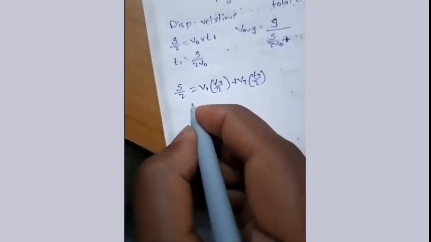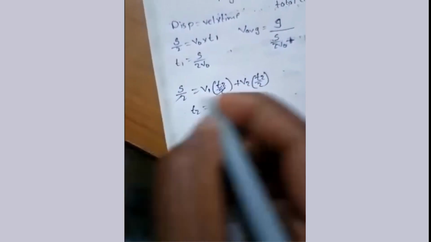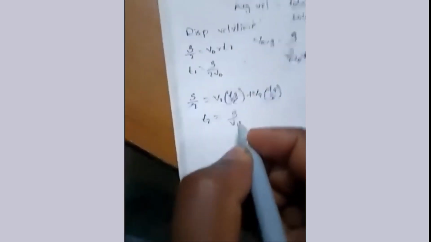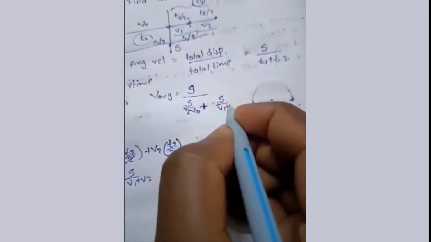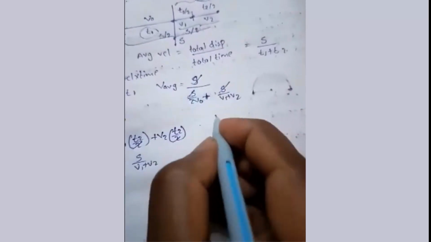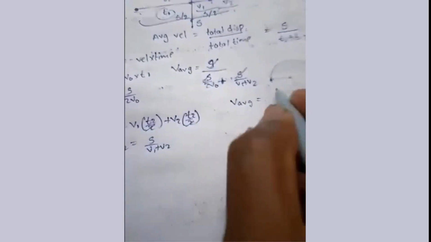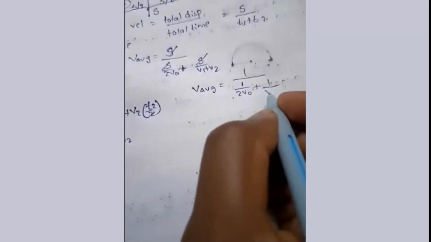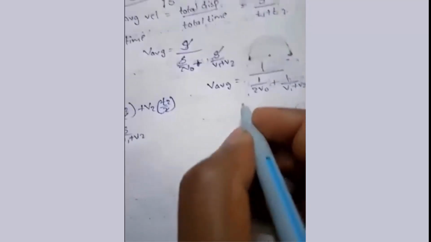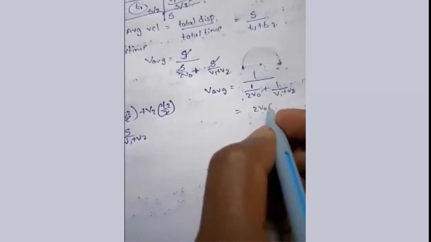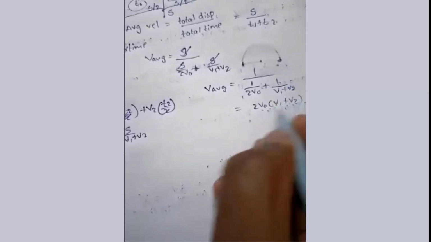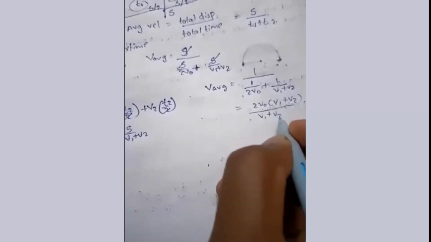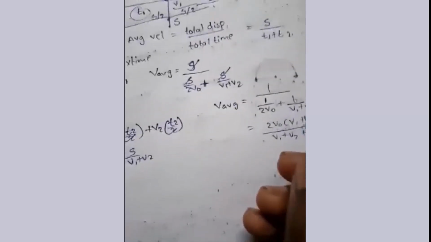So t2 is equal to, cancel these twos, s by v1 plus v2. I'm writing it in place of t2. Cancel the s, the average velocity will be equal to 1 by (1 by 2 v naught plus 1 by v1 plus v2). By simplifying it, we will get 2 v naught into (v1 plus v2) by (v1 plus v2 plus 2 v naught). See, it became very easy. It depends on our understanding.